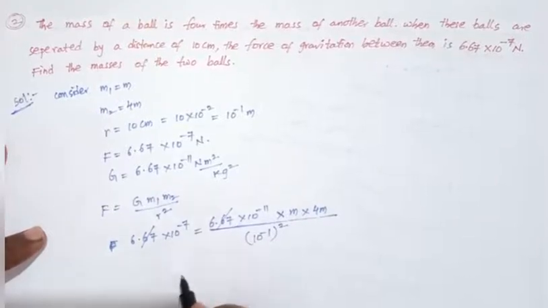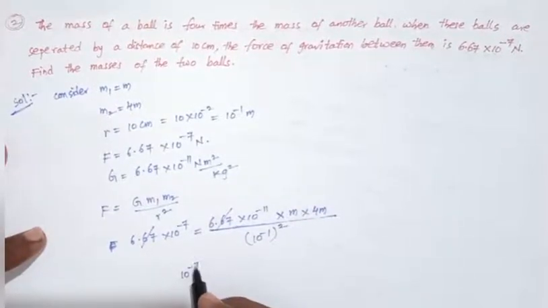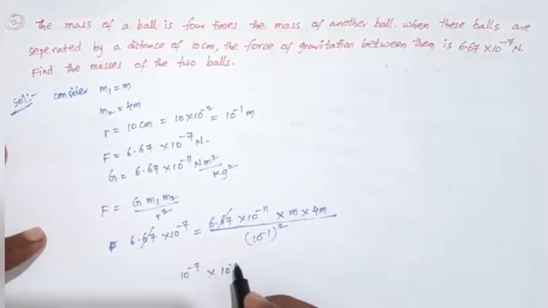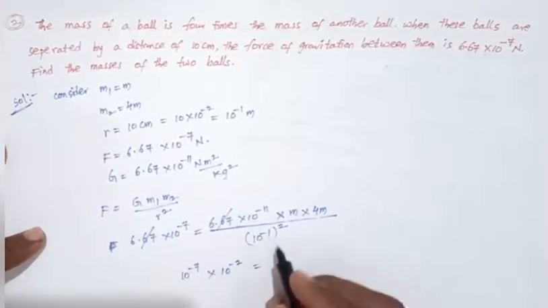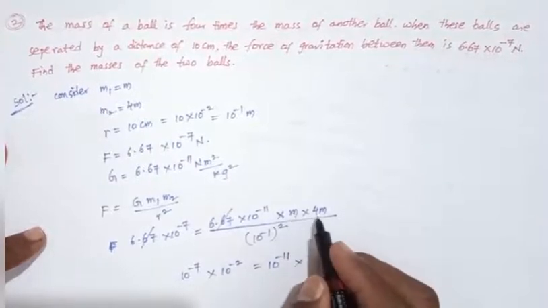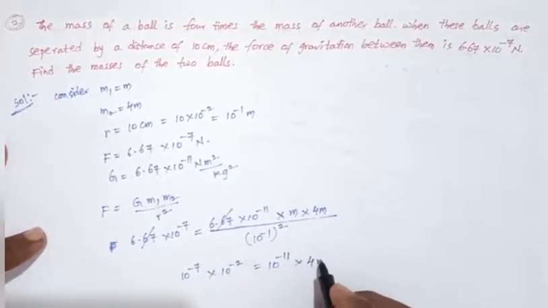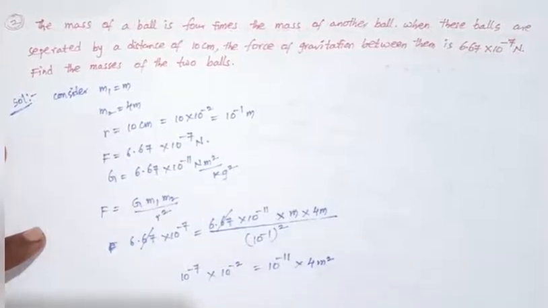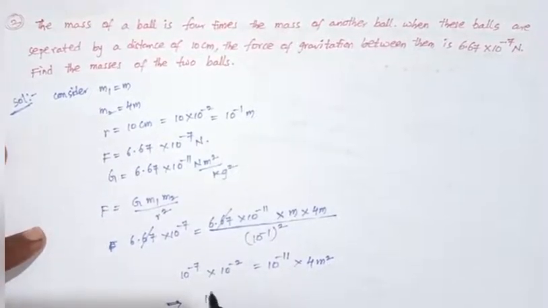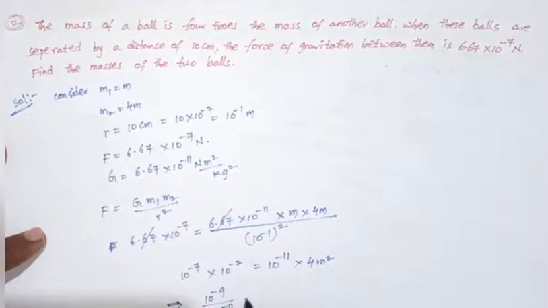Then here 10 power minus 7, here 10 power minus 2 into 10 power minus 2, equals 10 power minus 11 into m into 4m, 4m square. From this equation, it is 10 power minus 9 divided by 10 power minus 11 equals 4m square.